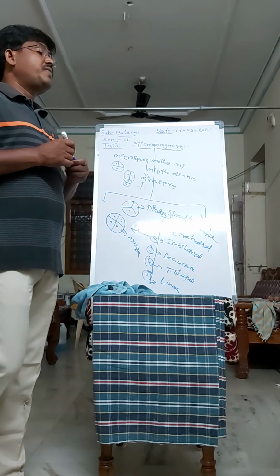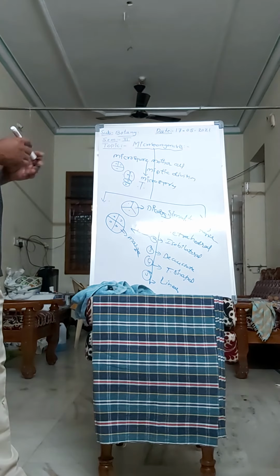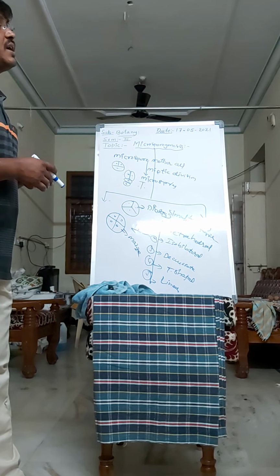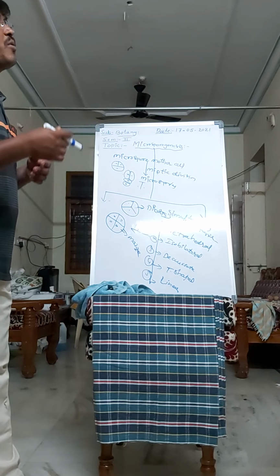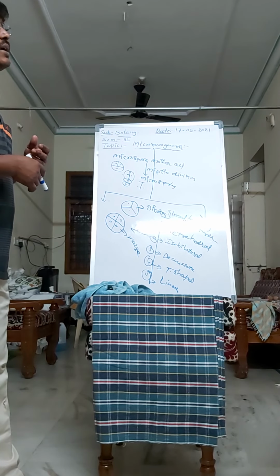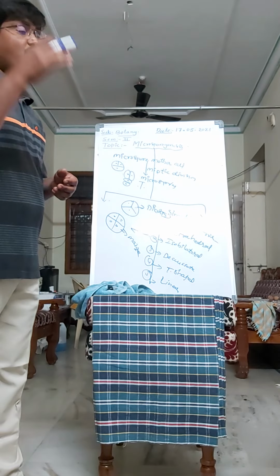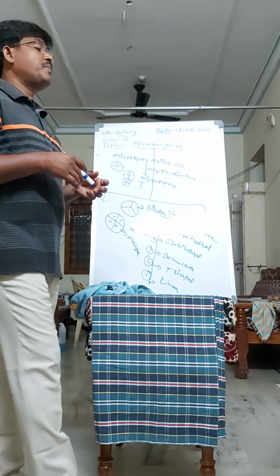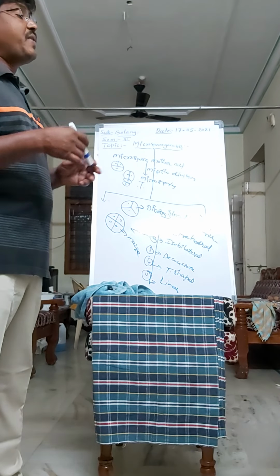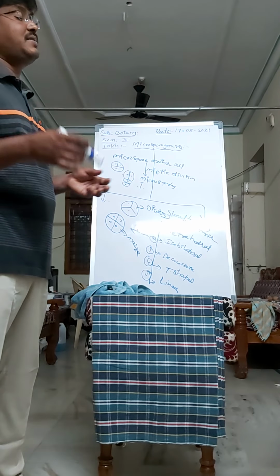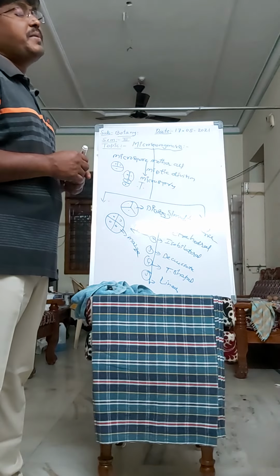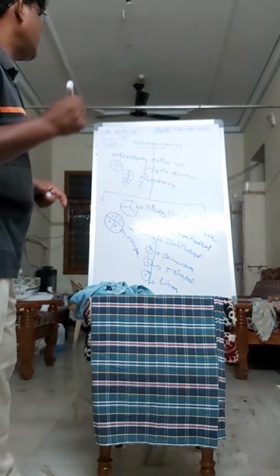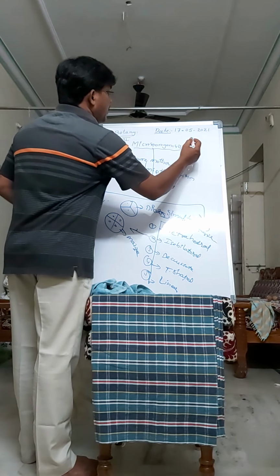And the last one is the fifth one, linear type. In this linear type, the four microspores are arranged one above the other in a single row. For example, the plants of family Asclepiadaceae show this linear type of microsporogenesis.